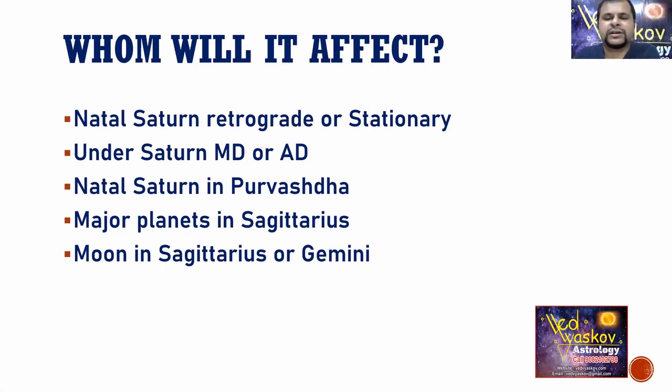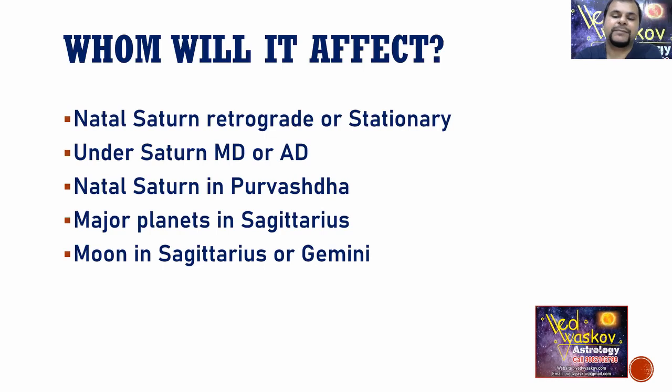Firstly, we need to understand that transitory retrograde planets bring a kind of general change in the environment, but they will not affect everybody to a greater intensity. Like this, a retrograde planet would have a greater effect on the people who have a retrograde planet in their own natal chart.